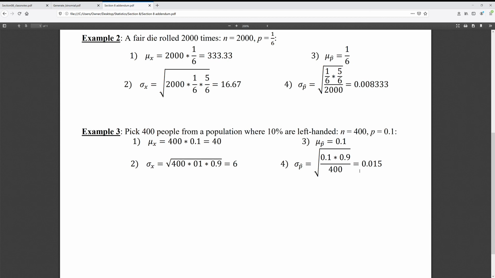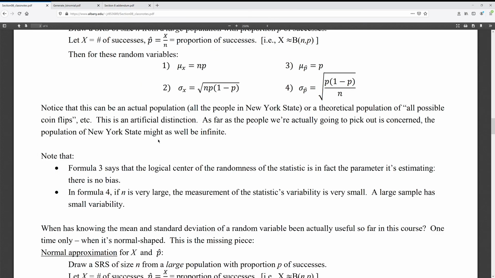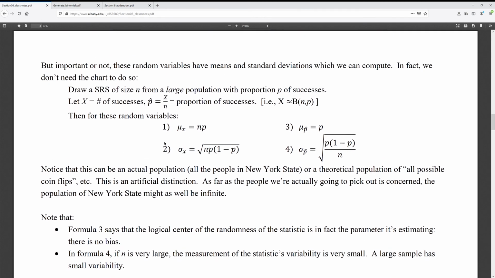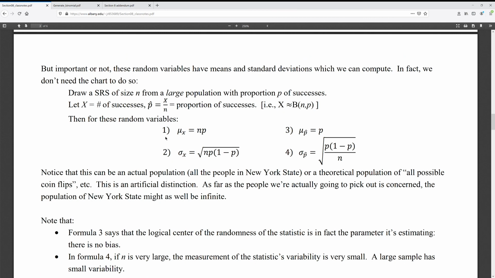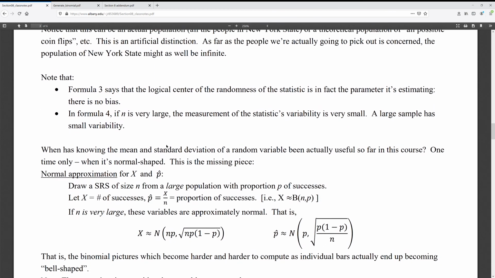And then again, if we multiply this by 400, 0.015 times 400, sure enough, I get 6. So again, multiply or divide by 400 to take the one variable to the other, to take the one mean to the other, to take the one standard deviation to the other. So there are some examples of how the means and standard deviations play out for a binomial random variable.